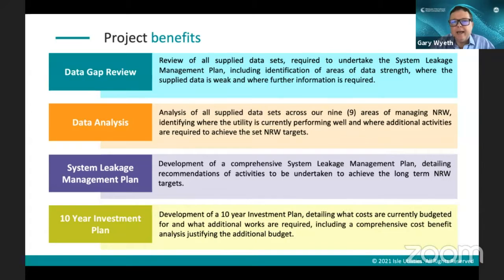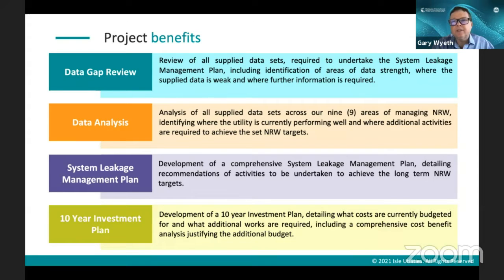Each of the original councils had different data sets, and when the water utility was created by combining those councils, the data was never really joined together, and you had better data sets in one old council than in another. So there can be reasons why data is not as good as it should be.